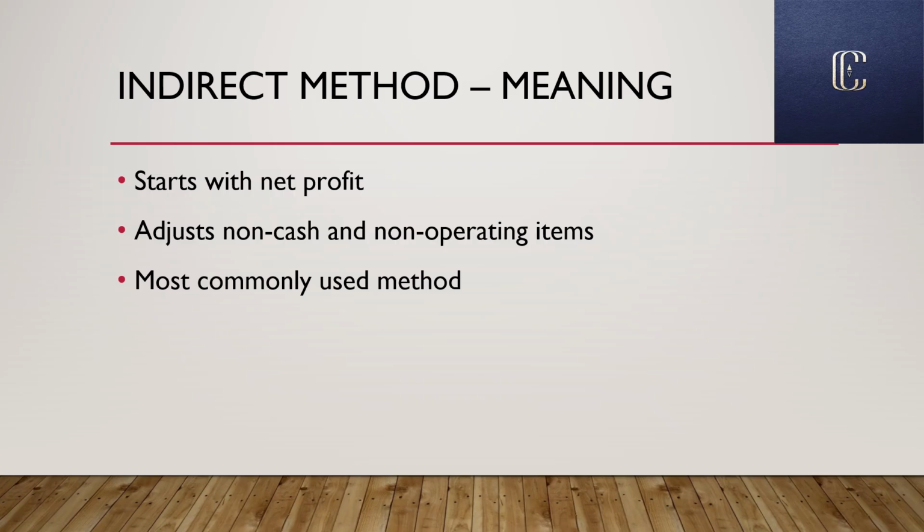We adjust non-cash and non-operating items. We adjust the profit for non-cash items. These affect profit but not cash, like depreciation and provisions for doubtful debts. These are added back because no cash went out.